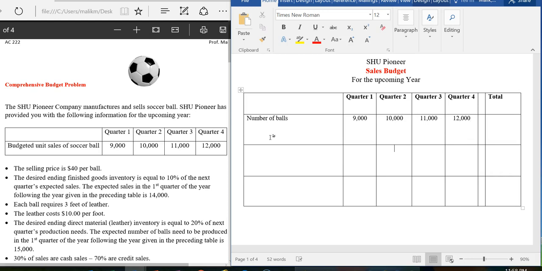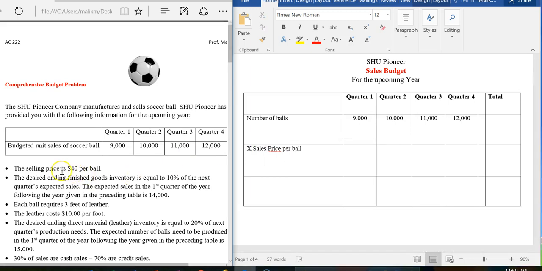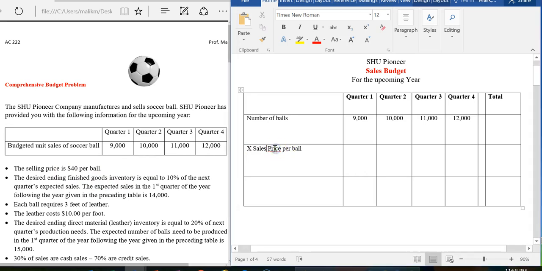Now let's multiply it by the sales price. The sales price per ball is already given here. If you check it, you will find it here. Sales price per ball is $40. So now we're going to multiply all these units by $40.